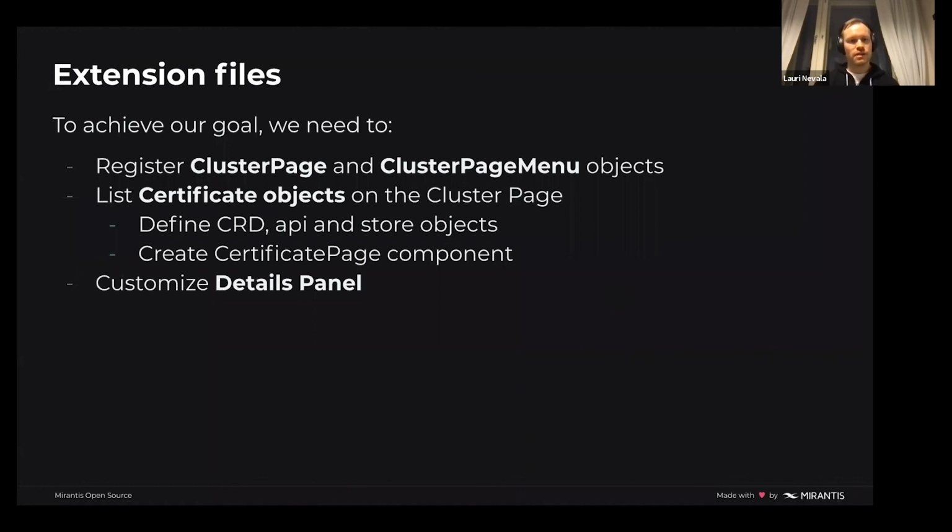CRD objects define fields that it includes. And then we need to implement the API and store objects and create CertificatePage component to render those certificate objects. And then we can customize the details panel that is opened when clicking one list item.